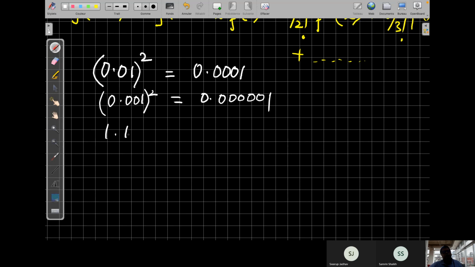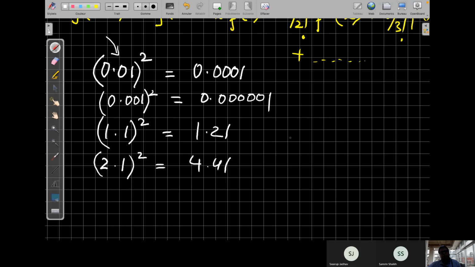If I take a number like 1.1 and square it, what will be the square? 1.21. And if I take a number like 2.1 and square it, 4.41. Now my point is this: if I take a number smaller than 1, say 0.9, and square it, it will become even smaller, isn't it?